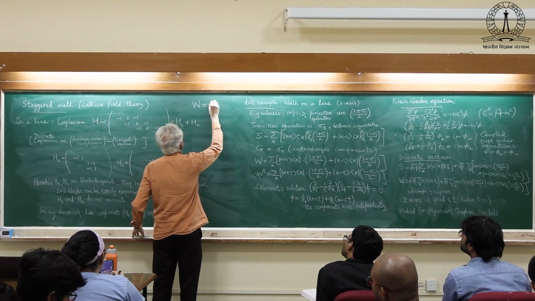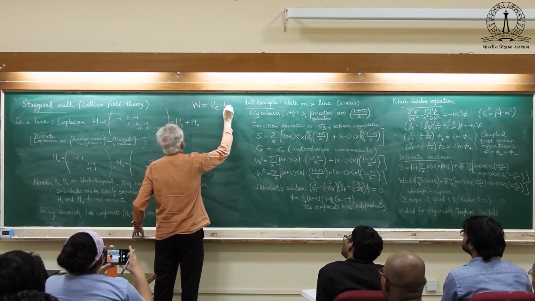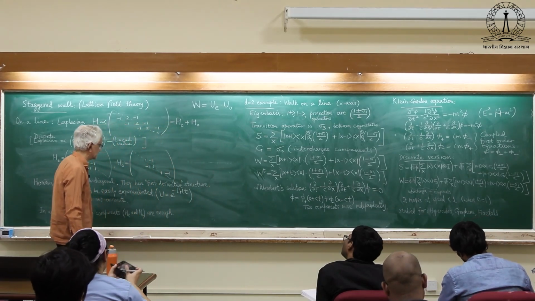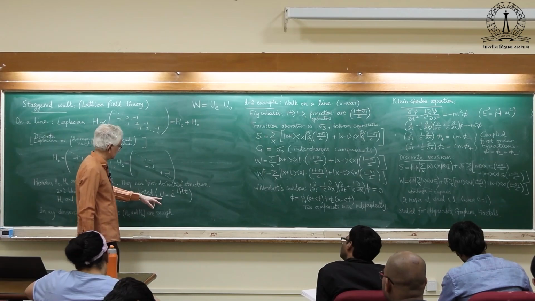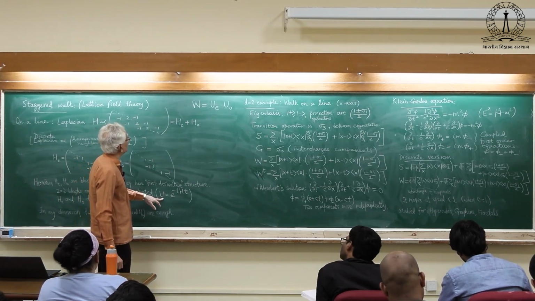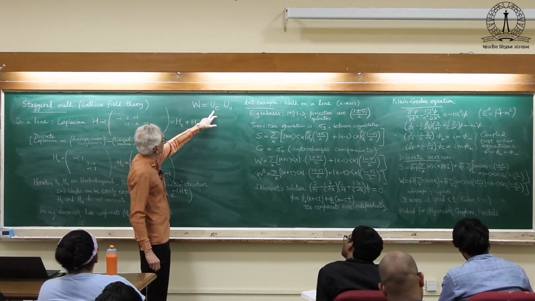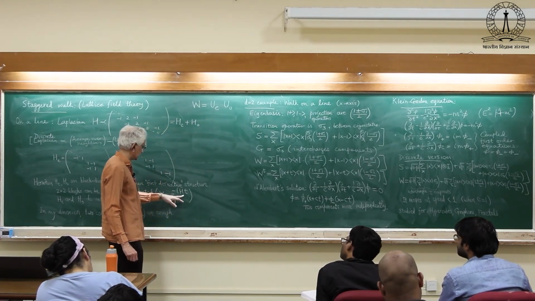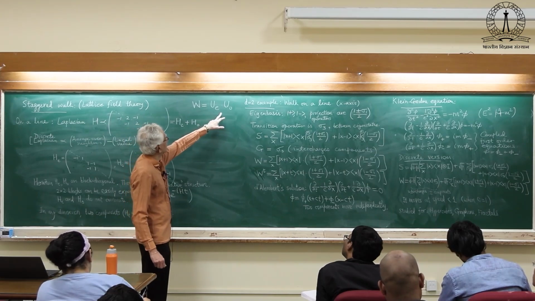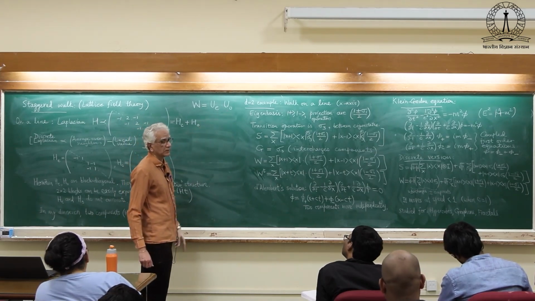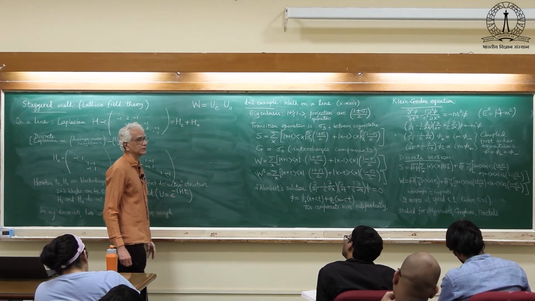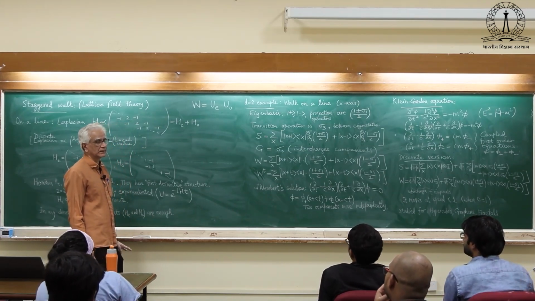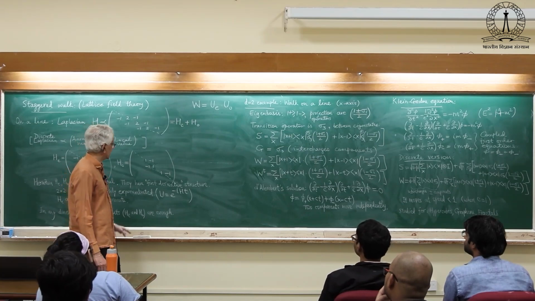I just have to take a definition where there is a unitary operator for evolution according to the even part, and another unitary operator for evolution of the odd part. And that's all that is needed.